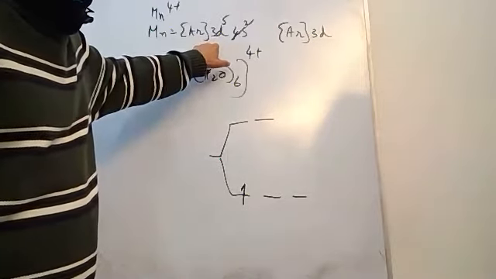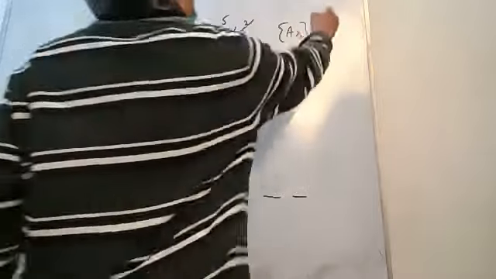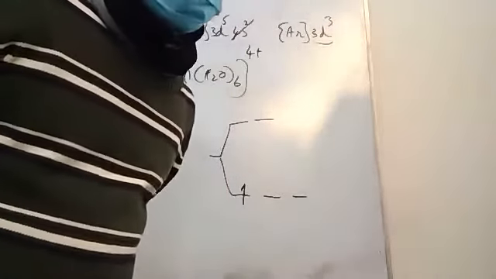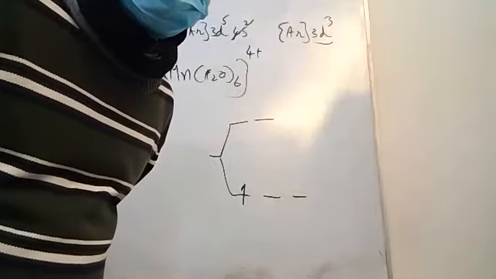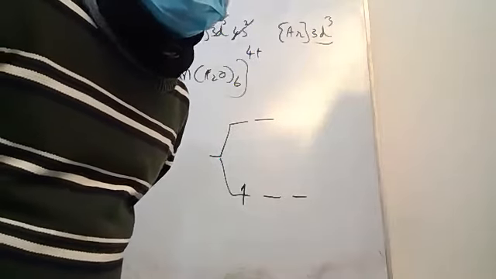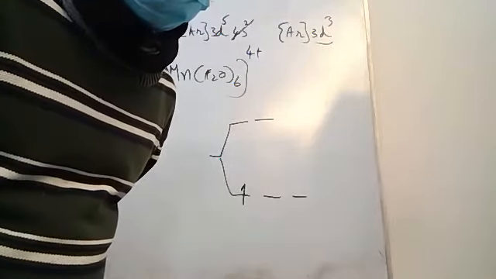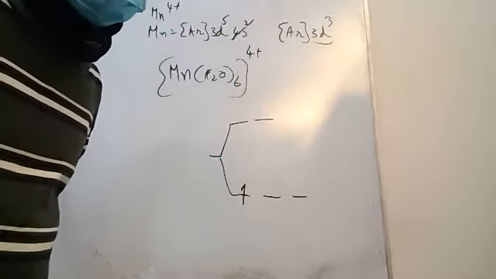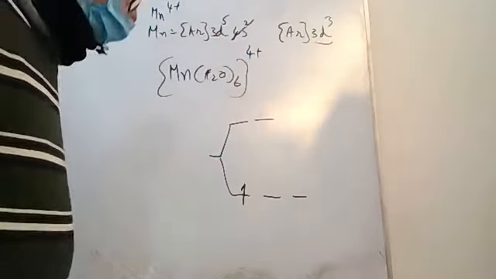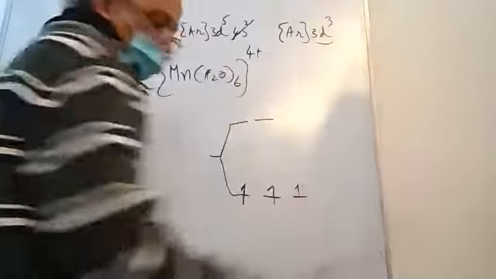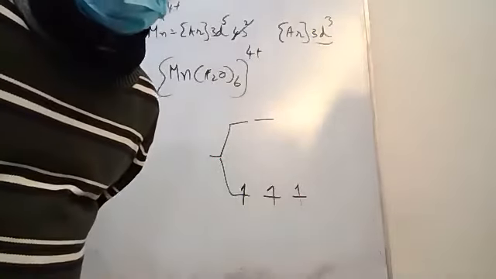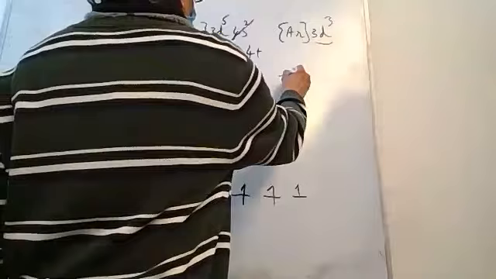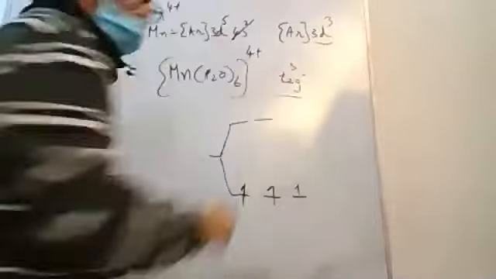We have 3 electrons remaining. So that's argon 3d3. This is a common material, right? Manganese 4 plus has an electronic configuration of argon 3d3. So where would the electrons be in this crystal field splitting? Those 3 electrons will occupy 3 different states there. So the electronic configuration will be t2g3.